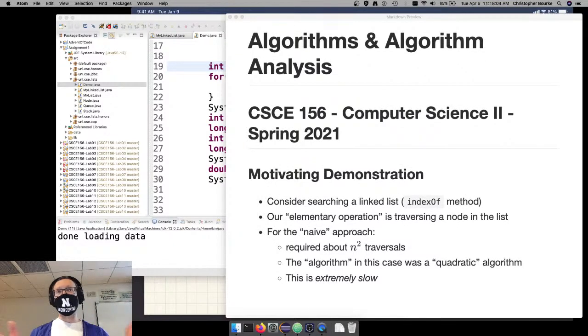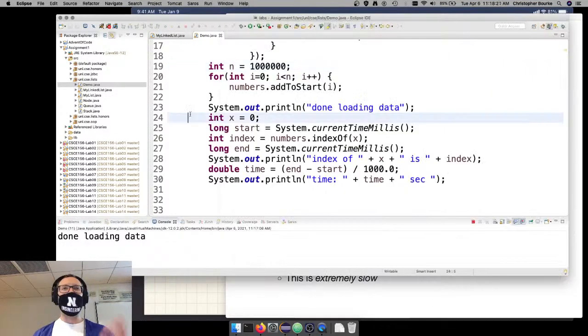Quadratic algorithms, that is still a polynomial, right? And you'll get theoreticians that say, oh, polynomials are fine. That's all we care about. Well, in the real world, we actually care about things actually running. And so even quadratic is extremely slow. As you can see right here, it's still going. Our prediction is it's going to take about 25 minutes to get this done, right?